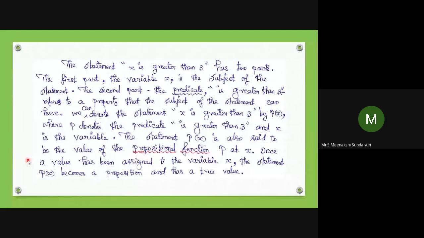Once a value has been assigned to the variable x, the statement P(x) becomes a proposition and has a truth value. Until we fix the value of x, we cannot say whether it is true or false. If x is greater than 3, and we put x equal to 5, then the statement is true. Suppose we put x equal to 0, -1, -2, 1 or 2, the statement is false.